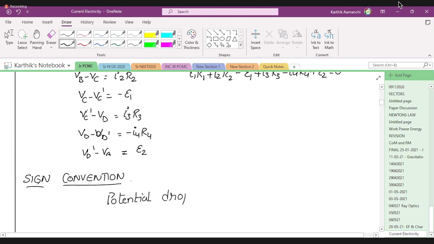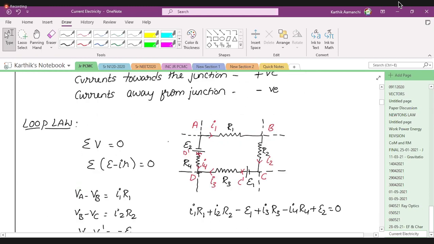Potential drop, you will take it as positive, and potential rise, you will take it as negative.